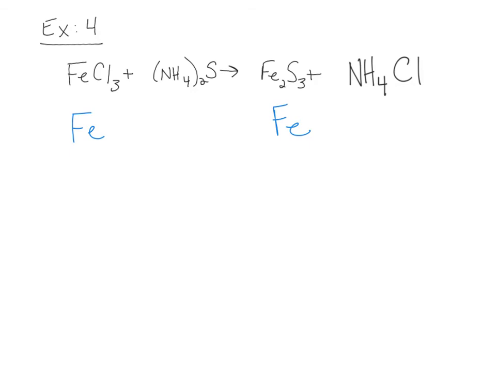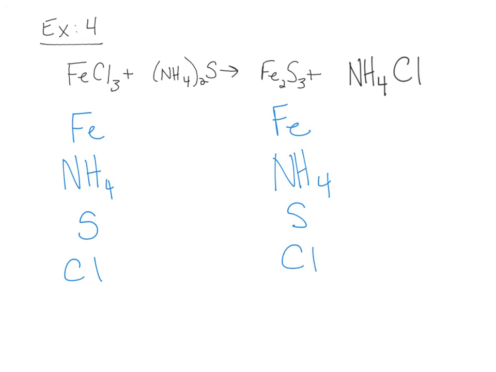NH4 is ammonium, which is a polyatomic ion, so that is considered to have a positive charge. So we'll do that after iron. And because it is a polyatomic ion, we're going to keep that together. And then we will leave our nonmetals to the last. So that's going to be our sulfur and our chlorine.